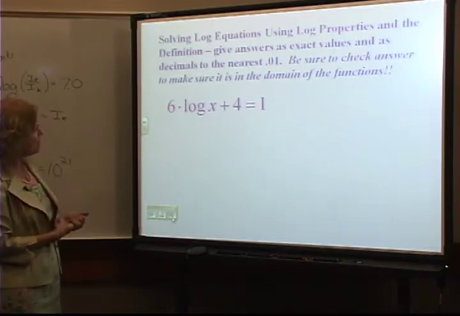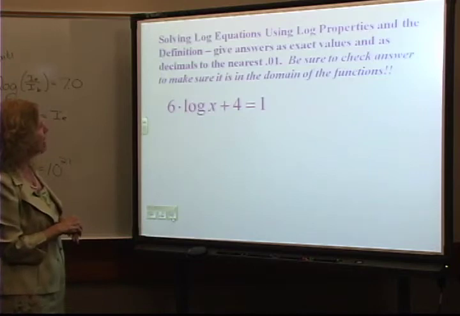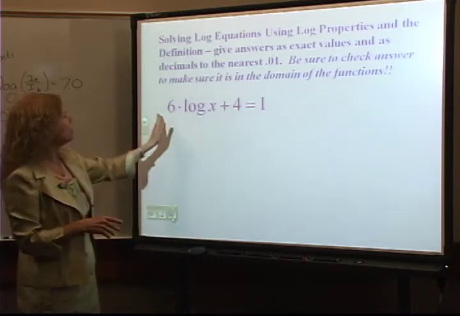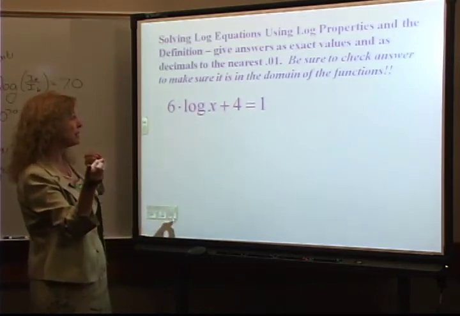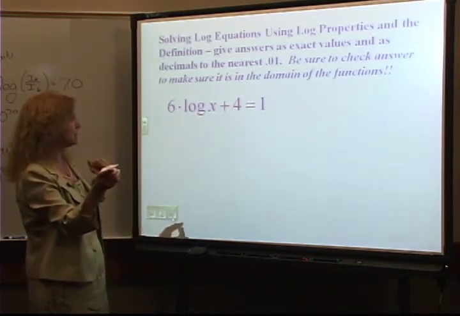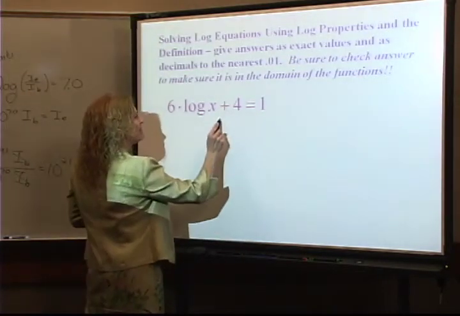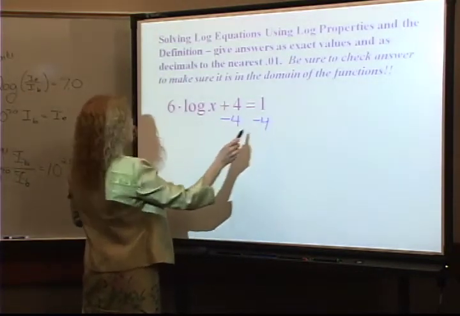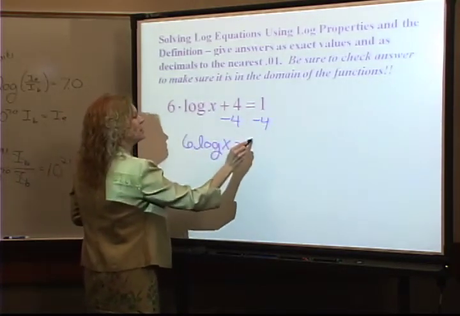So the first thing I want to do is remove the outside items. You know the 6 and the 4 can be taken away, and in fact, think about it for a second. Which one should be moved first? Well, we always take the outside guy. So subtract that 4 off, and we have 6 log x is equal to -3.